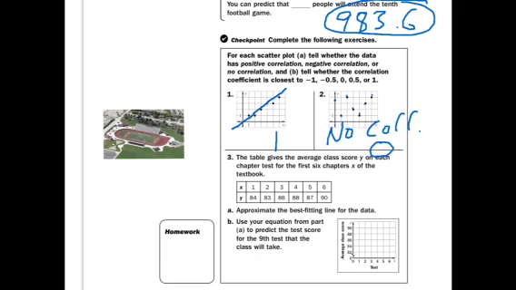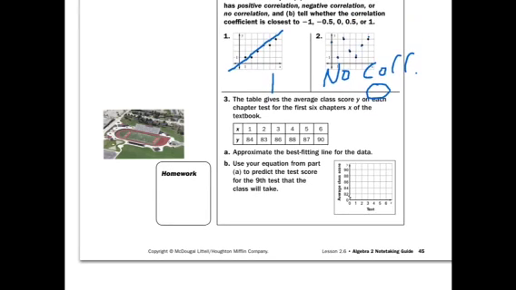And on the last one, this is the one we're going to talk about tomorrow. So hopefully you had something around y equals 1.3x plus 82.1. And we predicted around 94, 95, 96, somewhere in there.